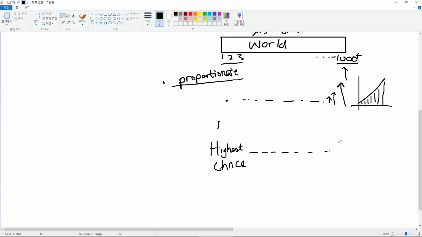And the last entity in the world would have the lowest chance of being picked.